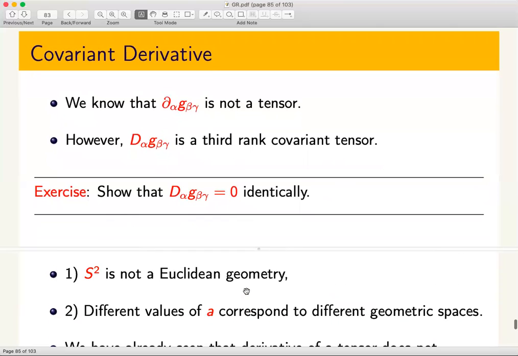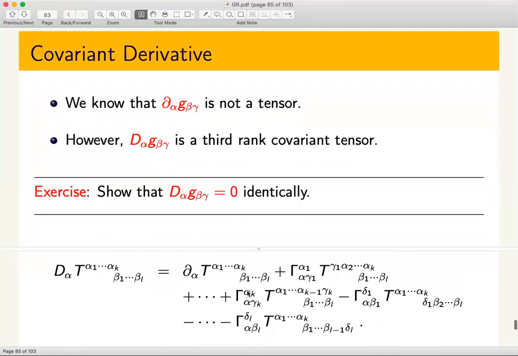So to put it a little differently, suppose you just formally write down, use this definition of the covariant derivative, and formally write down d alpha of g beta gamma in this way. That means you write down that as del alpha of g beta gamma minus gamma alpha beta, say sigma g sigma gamma minus gamma alpha gamma rho g beta rho equals 0. Write down an expression like that.